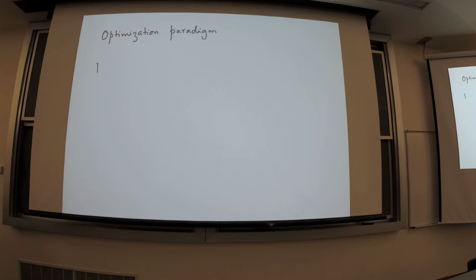We have some problem, in this case it is matching, and you convert it into an optimization problem: the constraints are these 2n constraints that we wrote down, and also x_ij belongs to {0,1}.